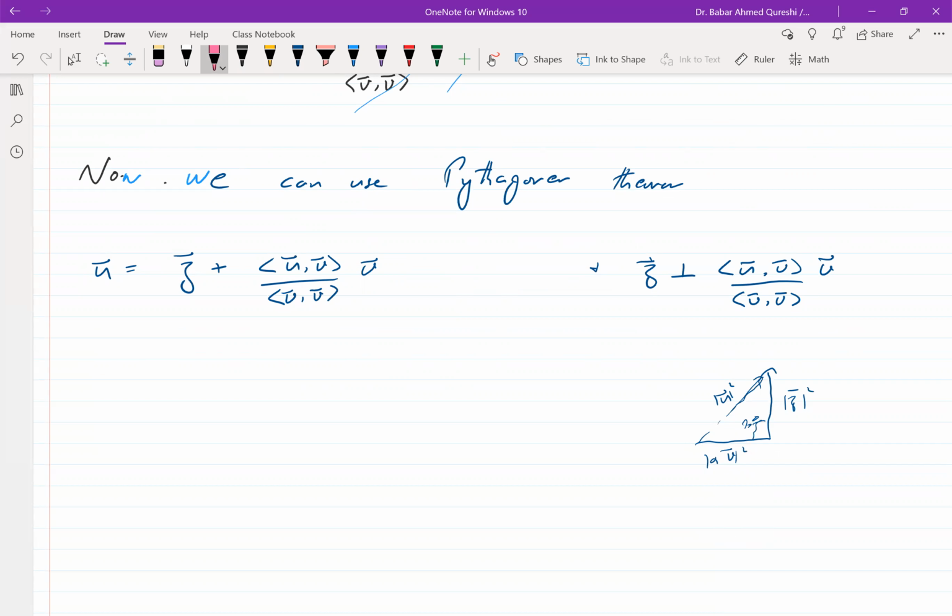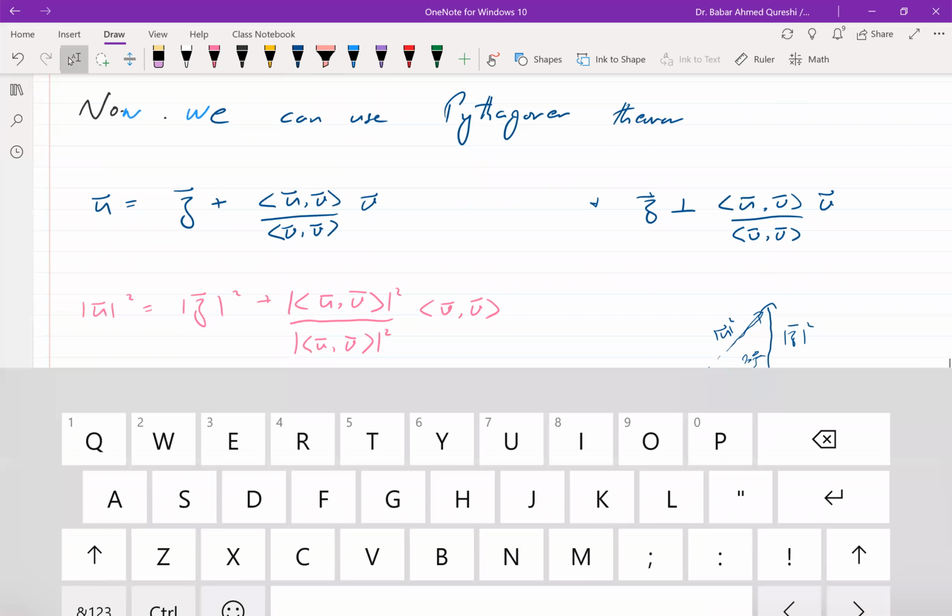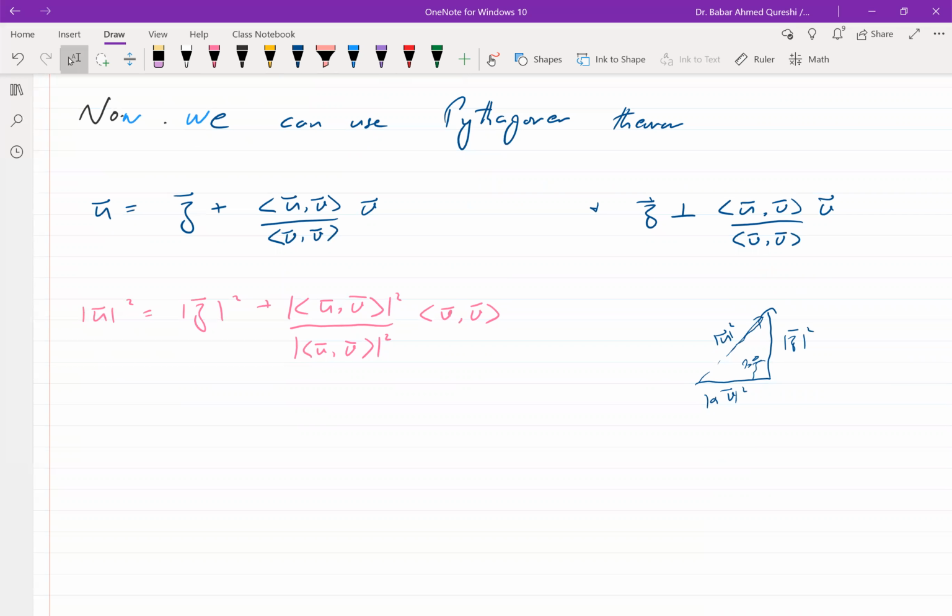So if I use this, I get this, which is the length of this vector, and because length is a positive number, you get a square over there.